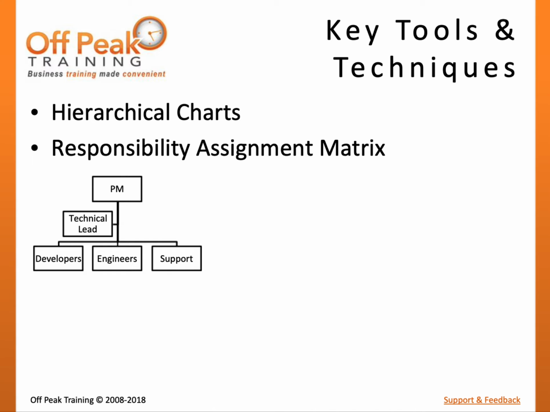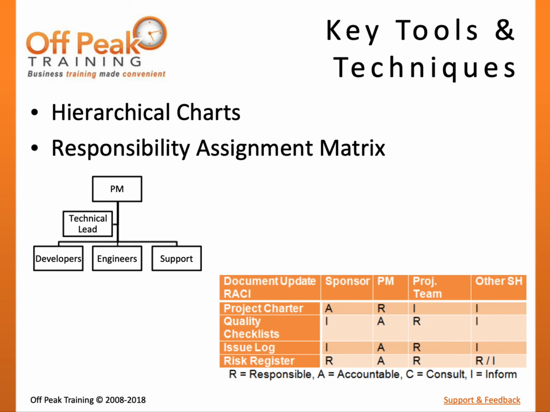This may include delegation and reporting relationships among the project team. Text-oriented formats may simply describe various responsibilities and job descriptions. Finally, a responsibility assignment matrix, or RAM, can be used to show the mapping of responsibility levels to individuals or groups. A common type of RAM is a RACI Matrix.